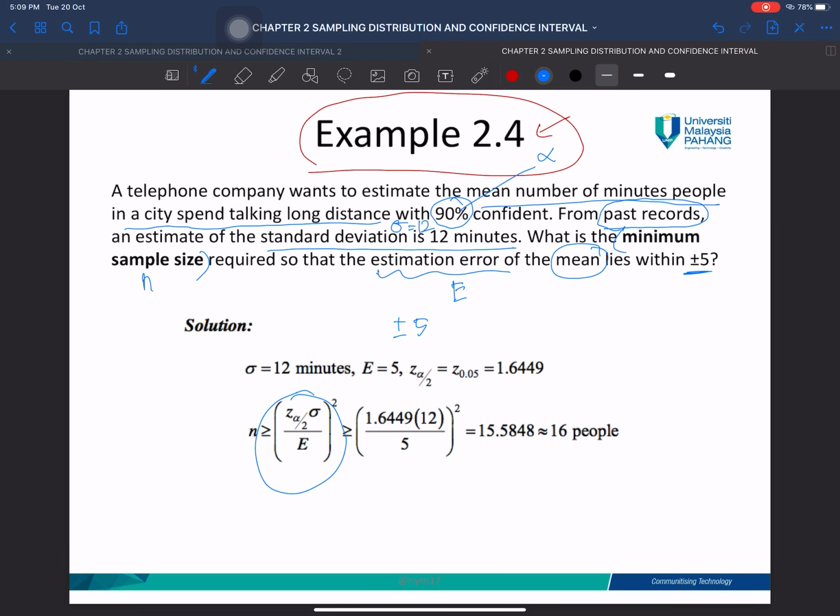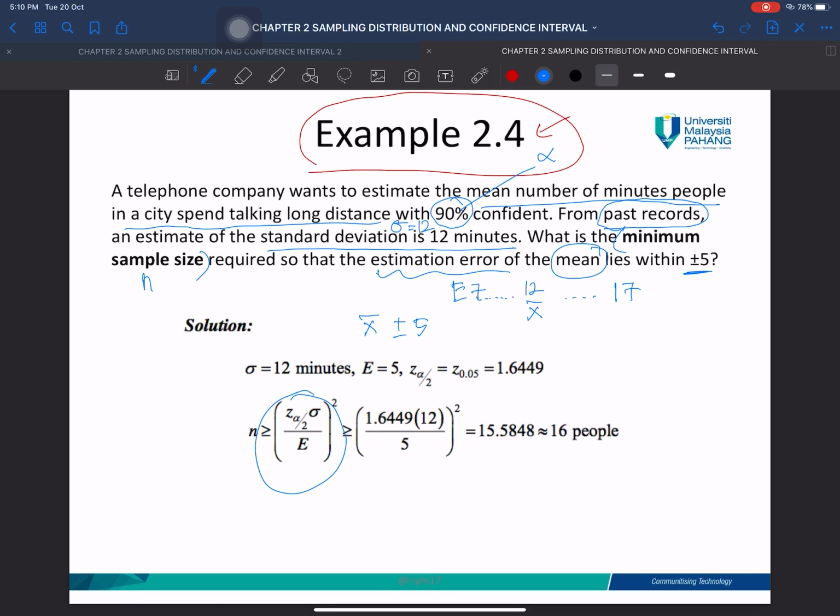So plus minus 5 here, let's say that your x bar here is 12. The error, the value that we tolerate, is between 12 plus 5, until 12 minus 5, which is 7.